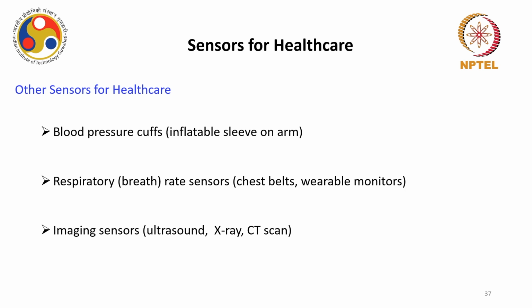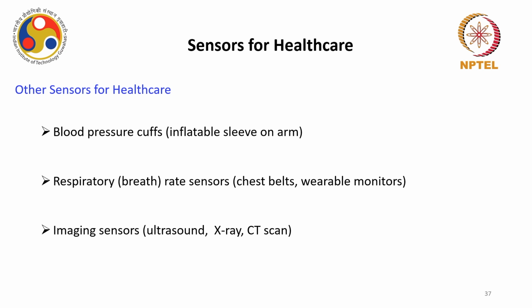For respiratory rate monitoring, you have a number of devices like chest belts and wearable mask kind of devices. And for imaging, you have techniques like CT scan, X-ray, and ultrasound. Again, these are not the complete list of healthcare sensors.